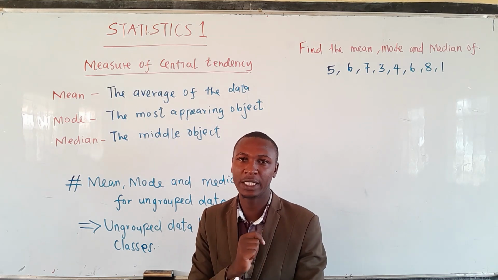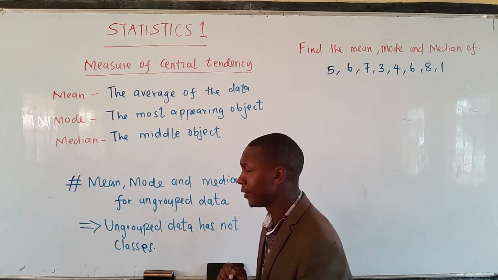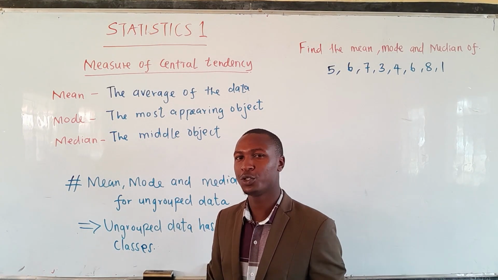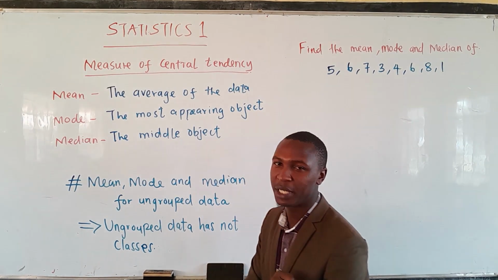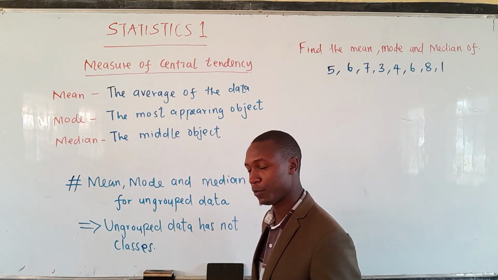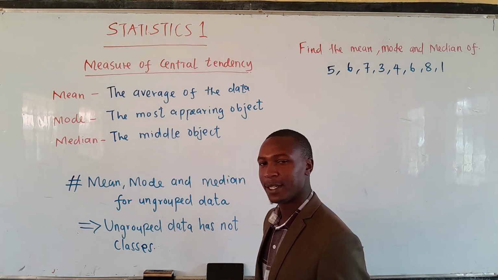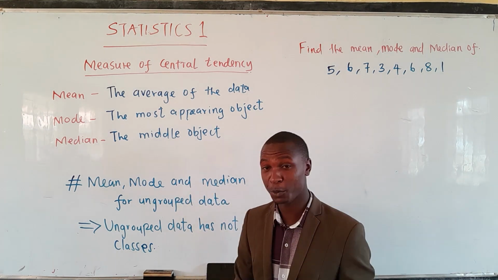That term, or that object, we call the median. For grouped data, the median has a formula which we are going to introduce in our preceding videos as well, so that we can explain how you can work out the median of a given data, for grouped data that is.